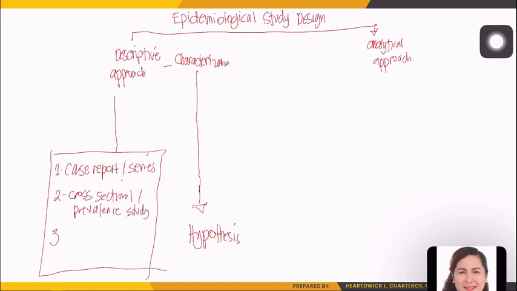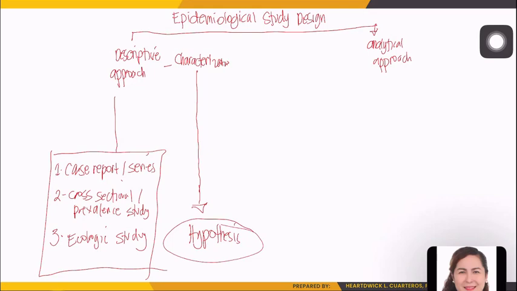And lastly, we have here your ecologic study. So here are your descriptive approaches under your epidemiological study designs. Now, we are done with the descriptive approach. In your descriptive approach, we generate your hypothesis.